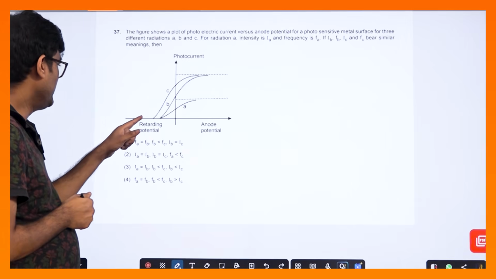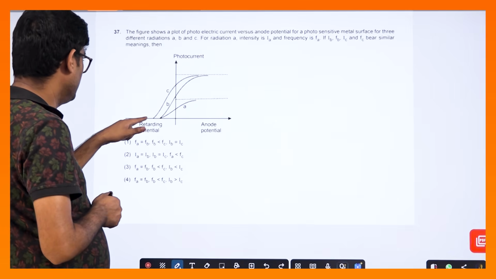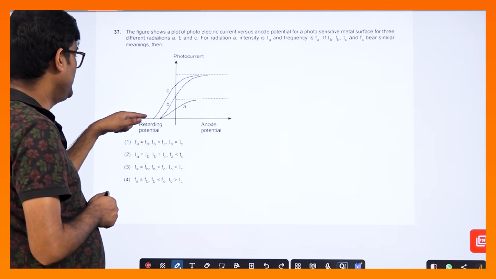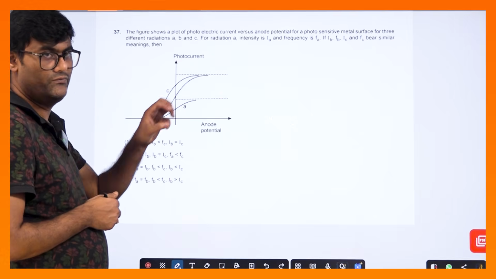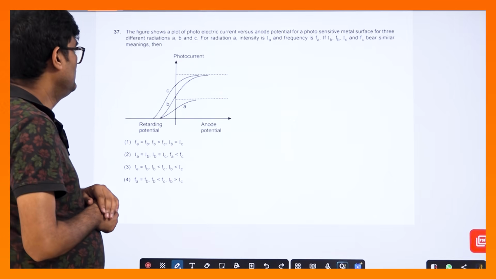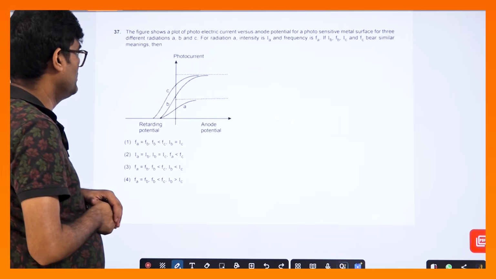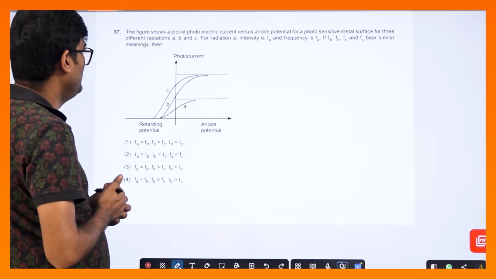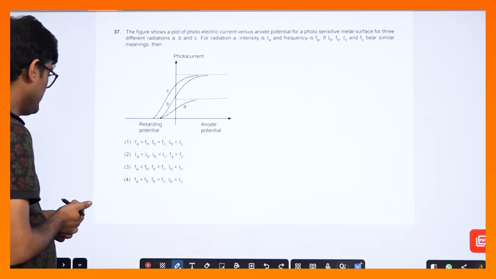Look, the retarding potential of C is more. That means the frequency of C should be more, because retarding potential depends on the frequency of the photons actually. So frequency of C will be more. Is the option given?